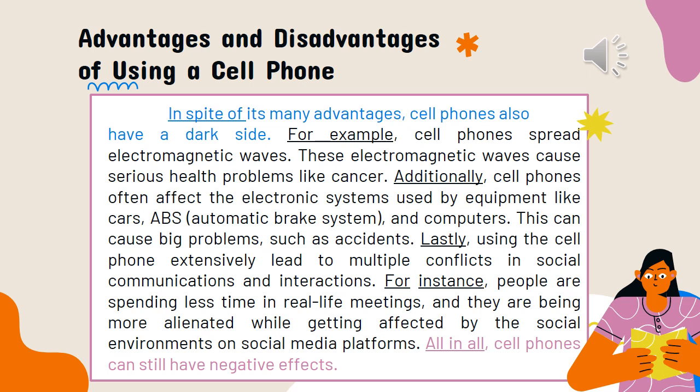Lastly, using the cell phone extensively leads to multiple conflicts in social communications and interactions. So these are all supporting ideas to my main idea in this paragraph, which is that using a cell phone is not so good. There are not only advantages, but still we have disadvantages, a dark side.